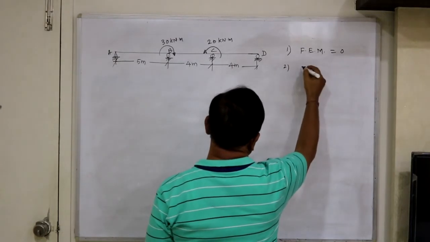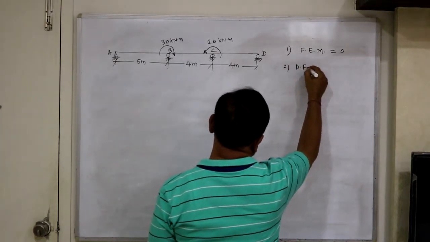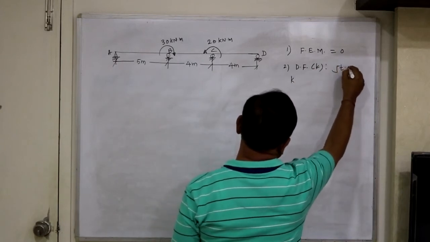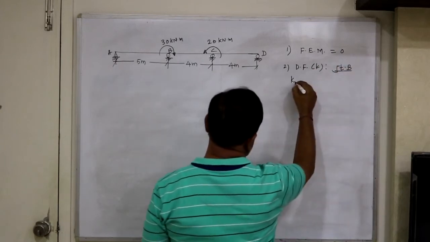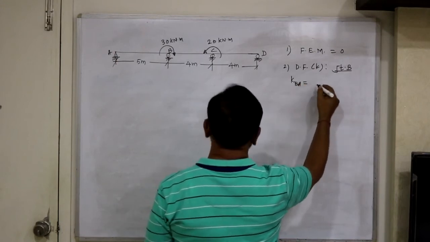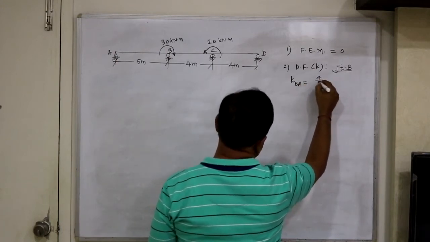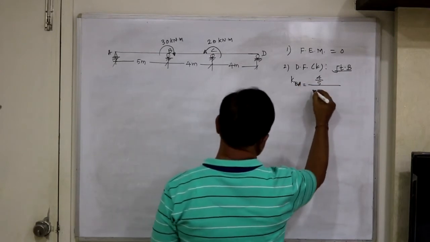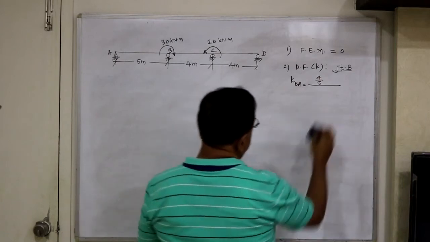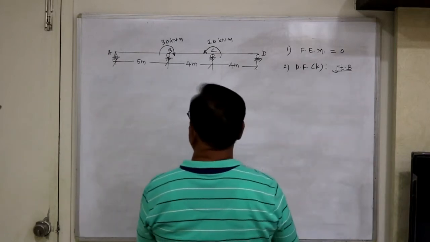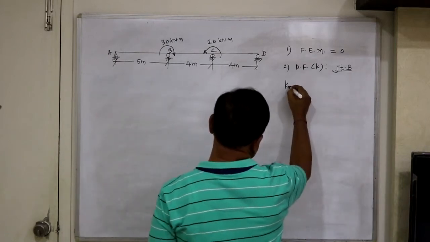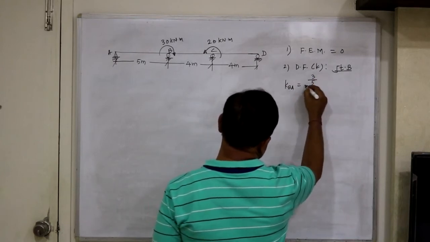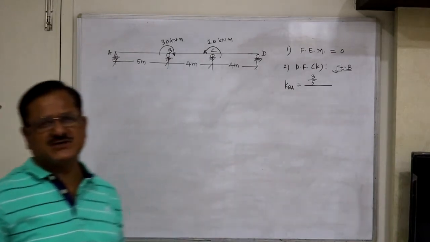And the second step that we know, distribution factors K. When we consider joint B, KBA equals 4 EI upon 5 divided by... A is hinge. So KBA equals 3 EI upon L, and EI is constant, so it gets cancelled.